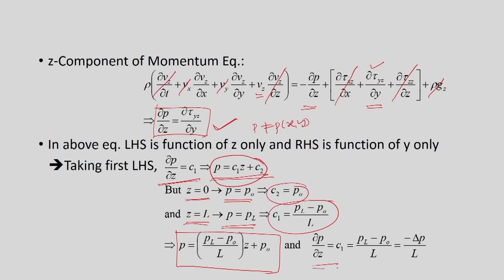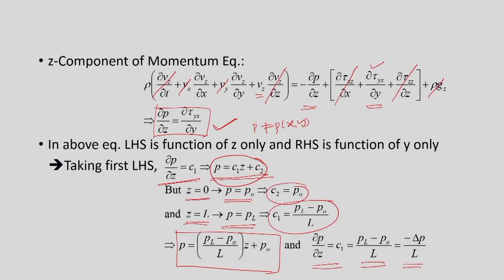From here we can get ∂p/∂z equals C1, and C1 equals (PL minus P0) by L. So we can write this as minus ΔP by L, where minus ΔP is nothing but minus of (P0 minus PL).